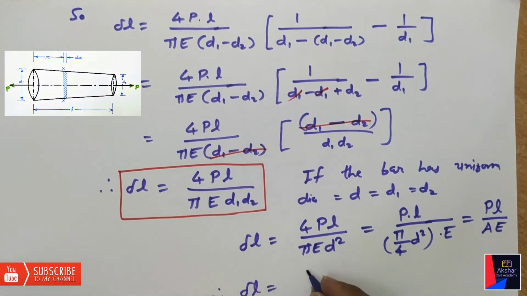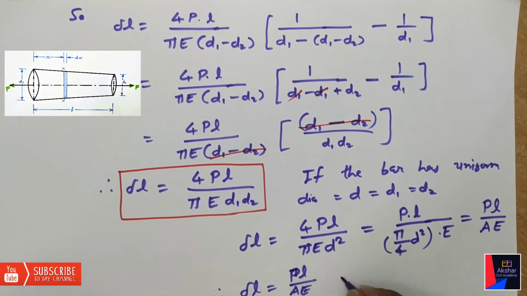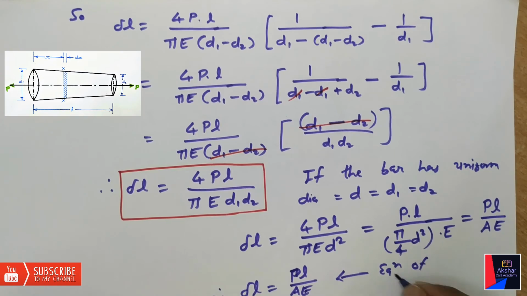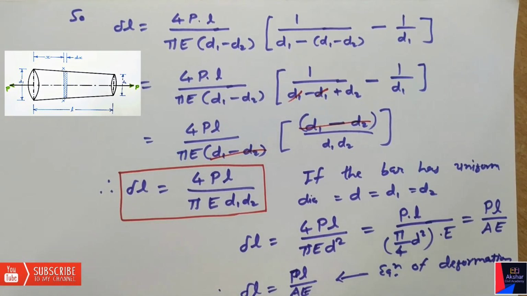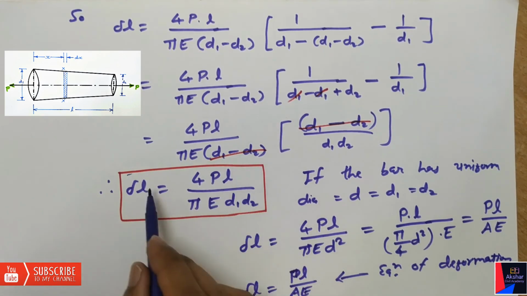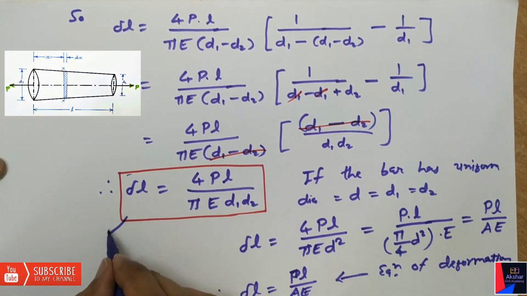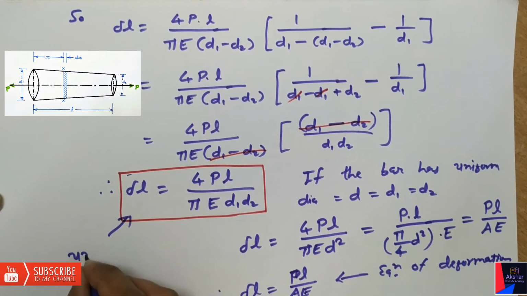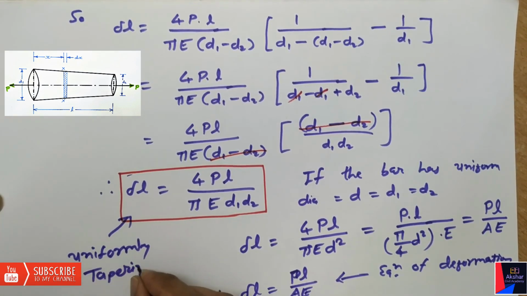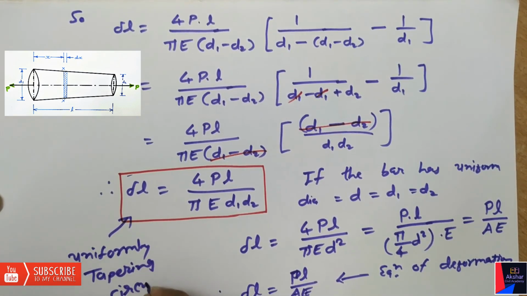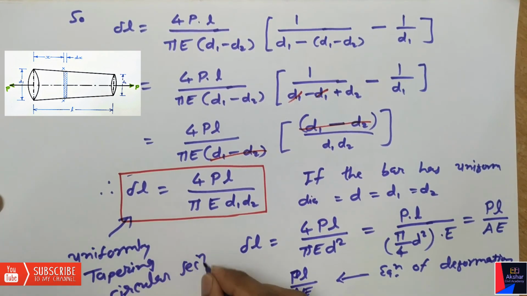Okay, del L will be equal to PL by AE, which is the equation of deformation. Hence in this way we can derive this equation of deformation for a uniformly tapering circular section.